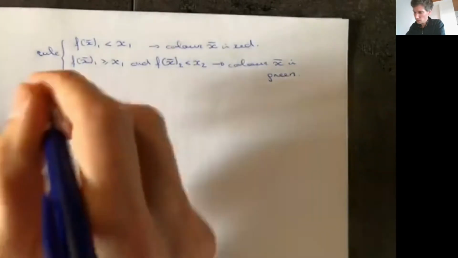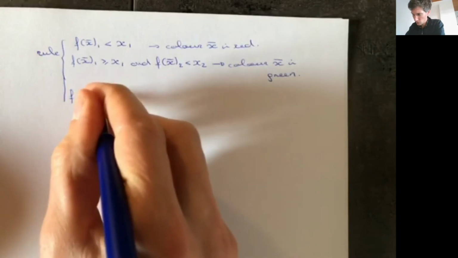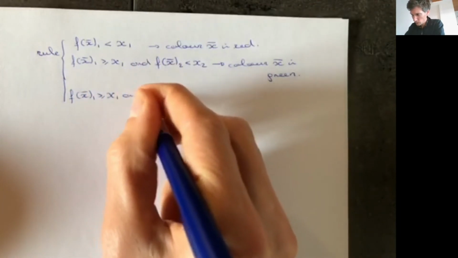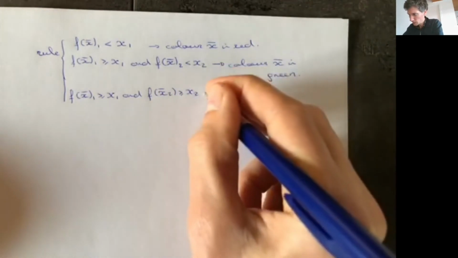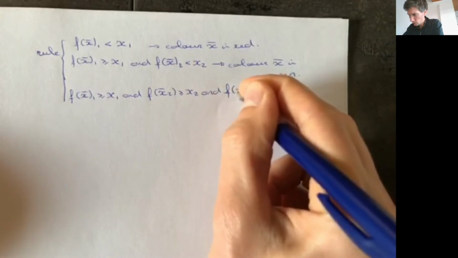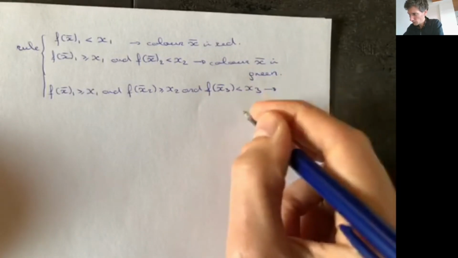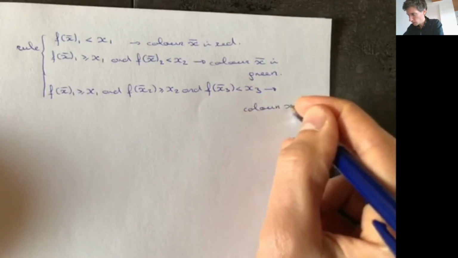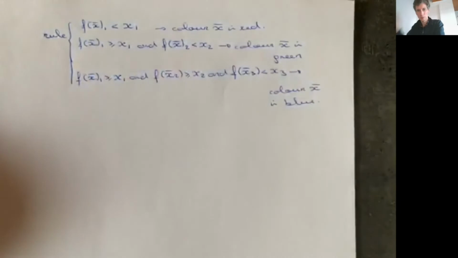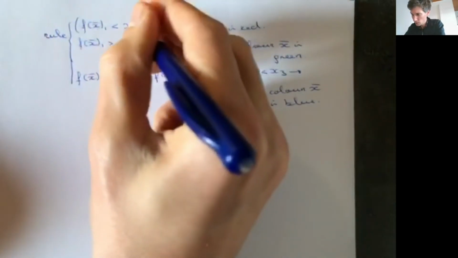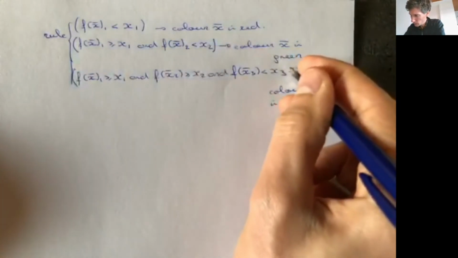And then for my third color, if it's not red or green, which means that f of x1 is greater or equal to x1 and f of x2 is greater or equal to x2, and now f of x3 is smaller than x3, then color x in blue. So these are the rules to color. This is the rule for red, this is the rule for green, and this is the rule for blue.